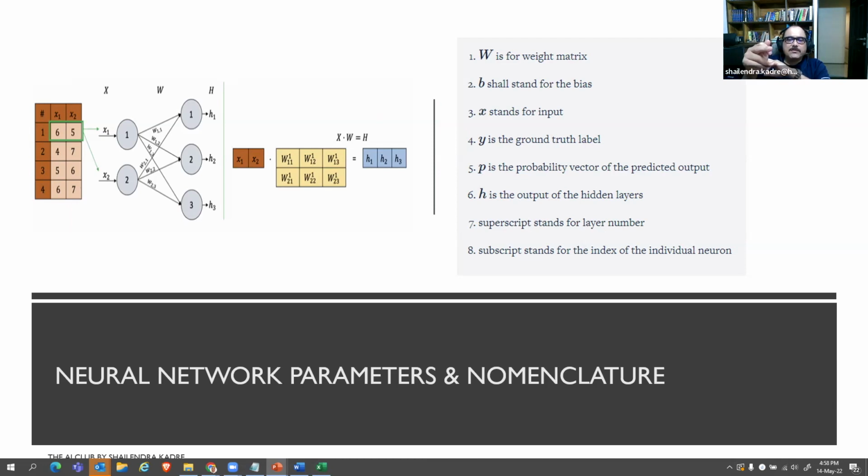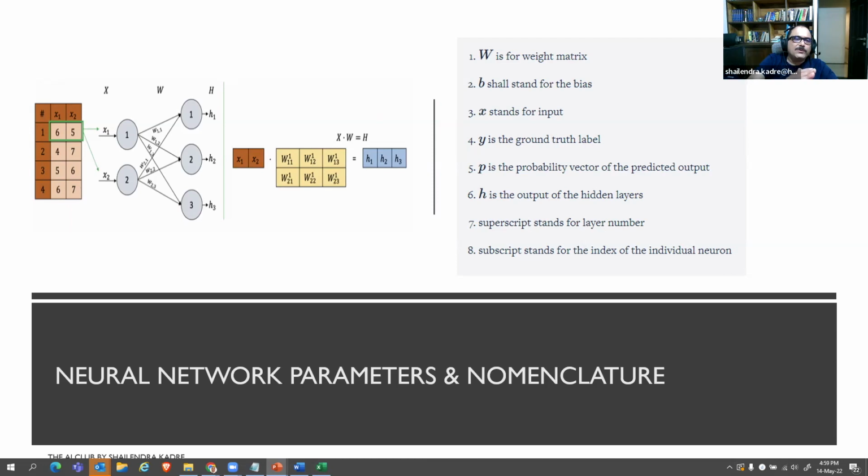H is nothing but your hidden function. Then I think you should be able to interpret the subscript and superscript. W superscript 1 means weights of the first layer, and the subscript, W21, means weights between neuron 2 and neuron 1.